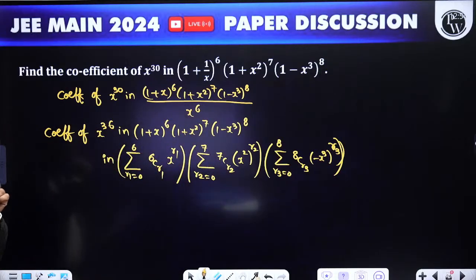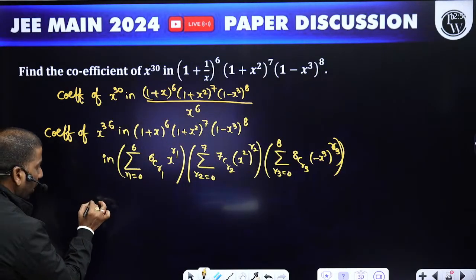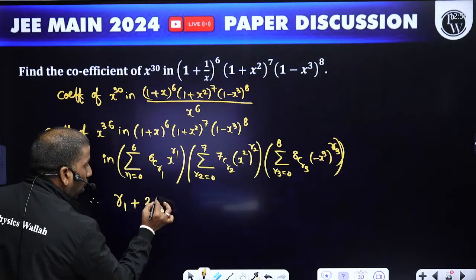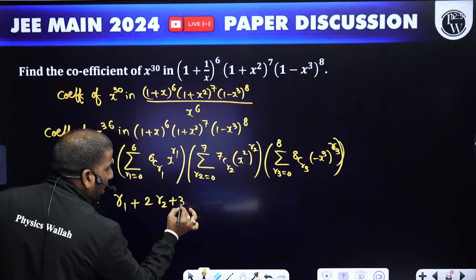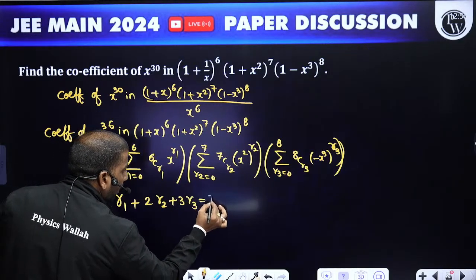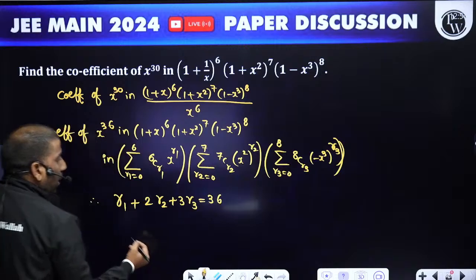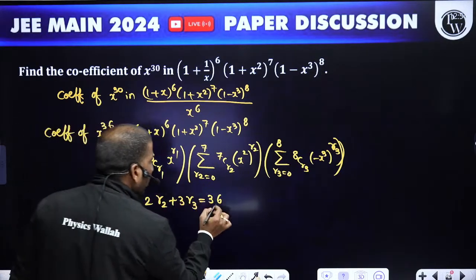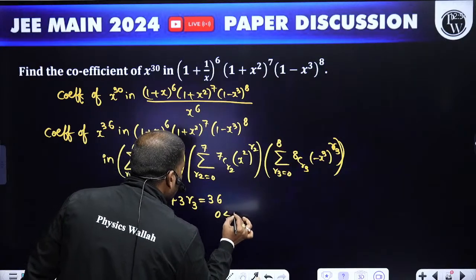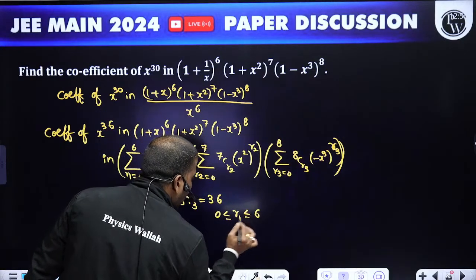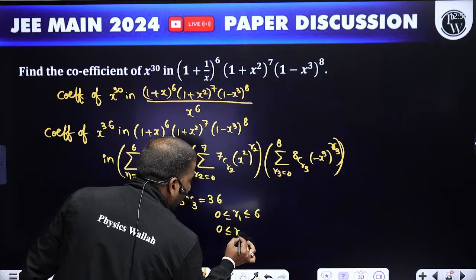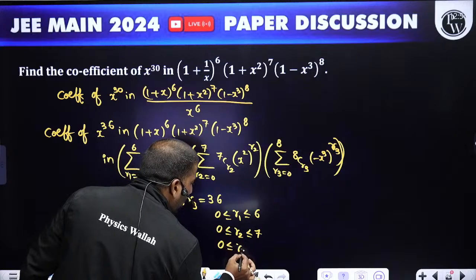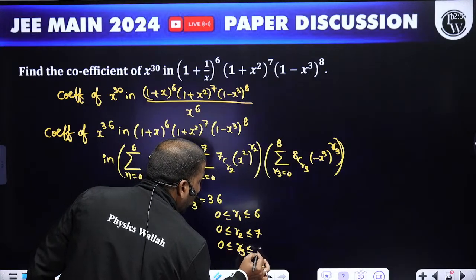If you observe x power R1, so that means what I need to find, R1 plus 2R2 plus 3R3 must be equal to 36. But we cannot apply any formula because individual R1, R2, R3 have limitations. 0 is less than or equal to R1 is less than or equal to 6. 0 is less than or equal to R2 is less than or equal to 7. 0 is less than or equal to R3 is less than or equal to 8.